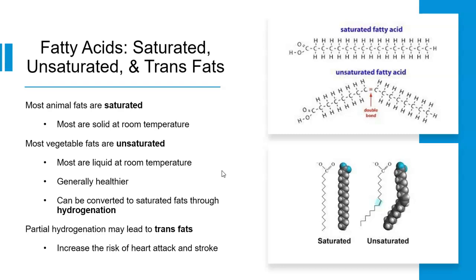Now, unsaturated fats, though, can be converted to saturated fats by a process that we call hydrogenation, which increases the amount of hydrogen in the molecule. For example, vegetable oil can be hydrogenated to form margarine. Vegetable oil is a liquid, margarine is a solid, okay? So studies have shown, though, that partial hydrogenation of fatty acids can lead to something called trans fats.